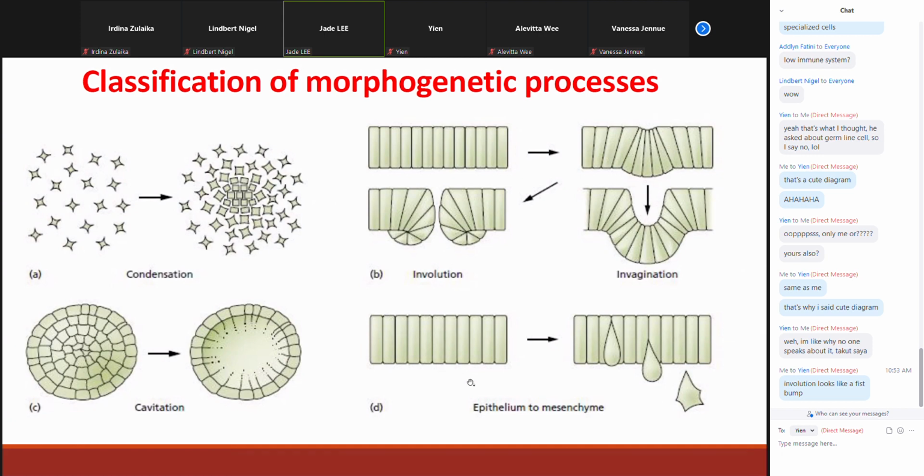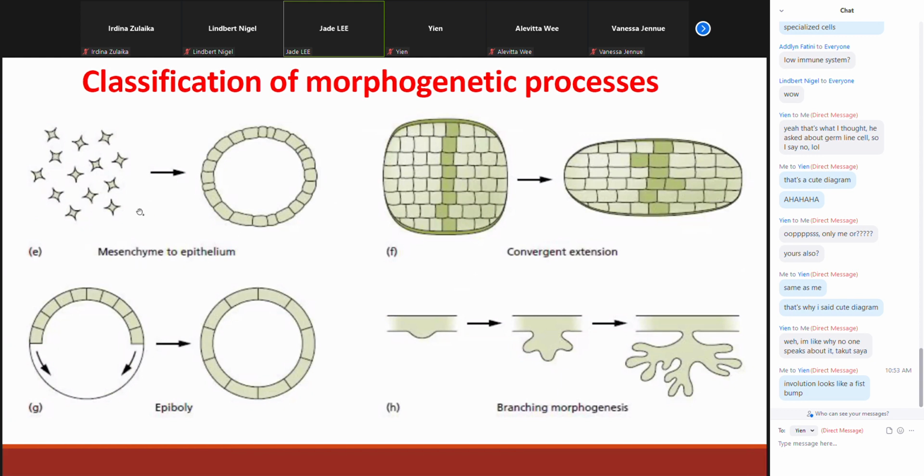Okay, these are the classifications. And the mesenchyme to the epithelia, for the epiboly, macam mana dia boleh jadi bulat, and then the convergent extension, bagaimana dia daripada square kepada convergent, lebih memanjang, elongated, then also branching morphogenesis, how they branch out. Okay, these are the classifications of the morphogenic process.